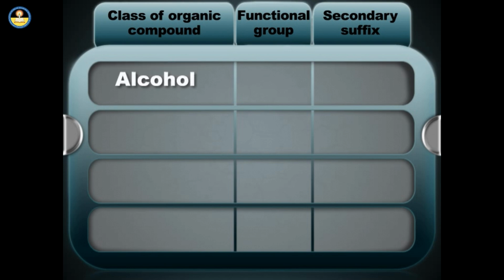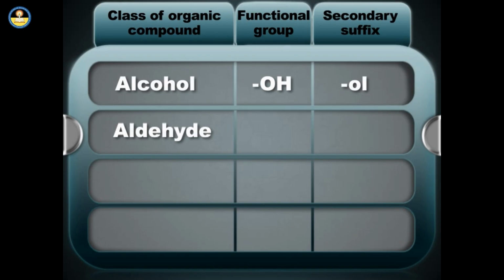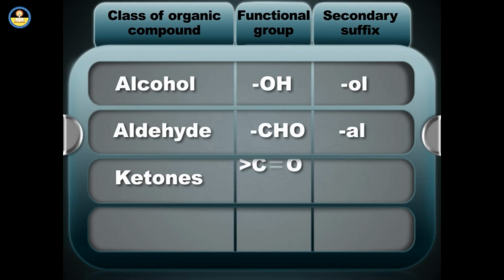For alcohol, the functional group is OH. Its secondary suffix is -ol. For aldehyde, its functional group is CHO. Its secondary suffix is -al. For ketones, its functional group is C double bond O. Its secondary suffix is -one.